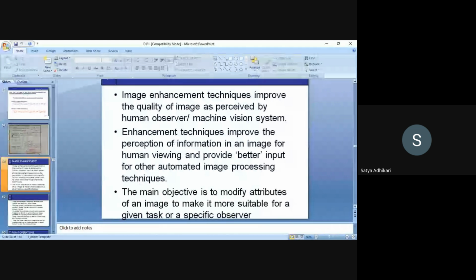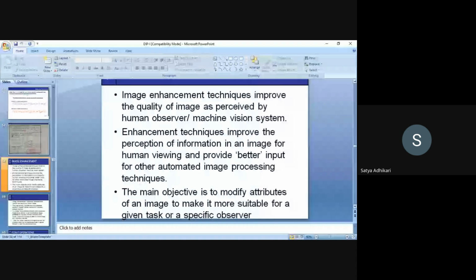Suppose some part of an image is not visible, some pixel is not clear or is spurious, so we have to modify the pixel value of that point. That is called image enhancement.